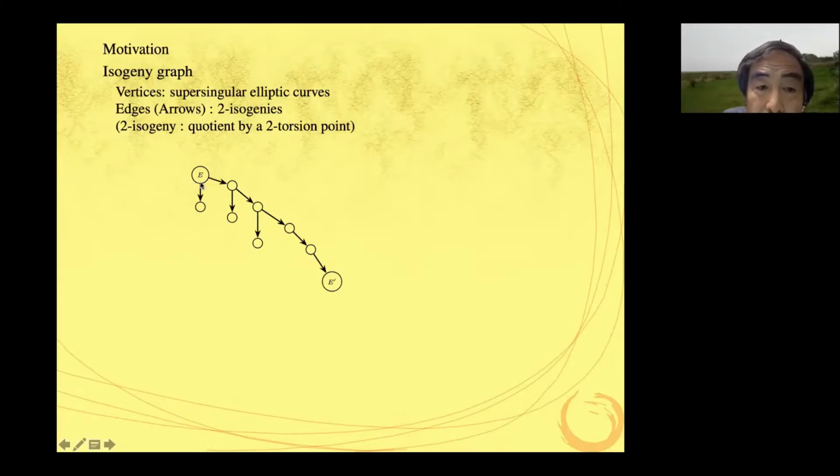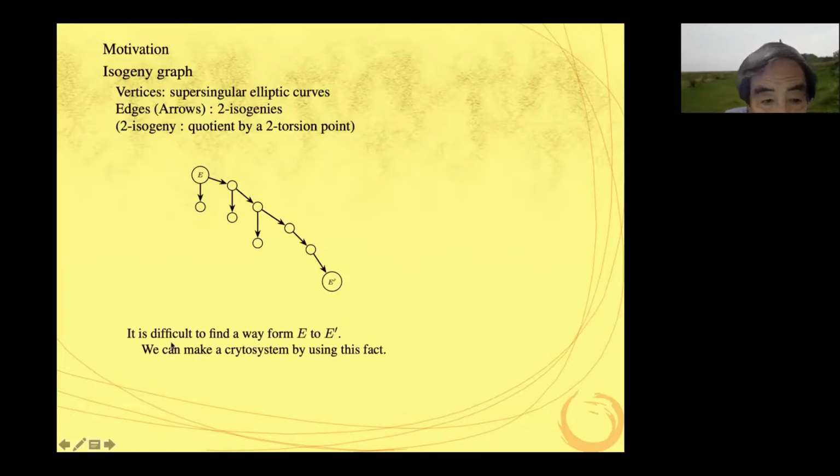But if you take an elliptic curve E' without this system of 2-isogenies, then it is very difficult to find how to connect by 2-isogenies from E to E'.